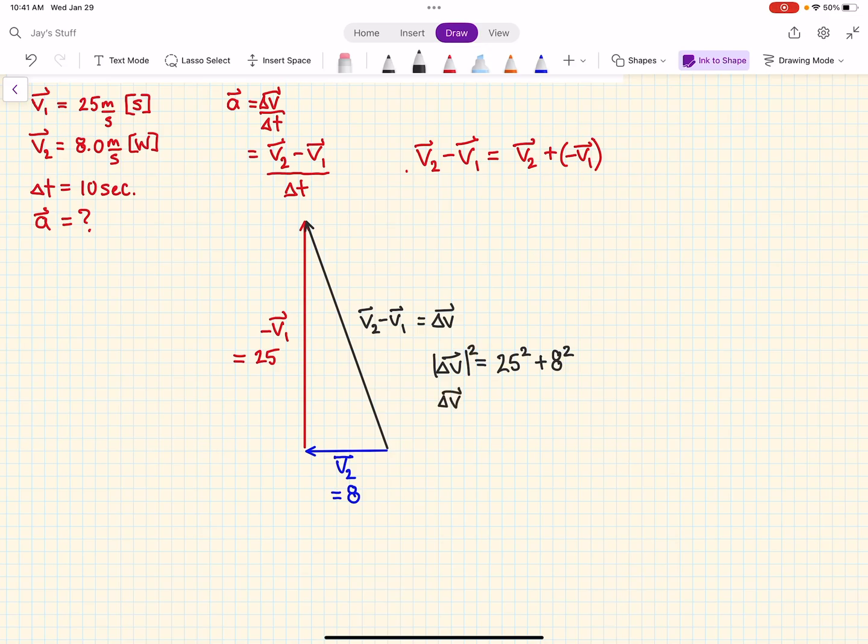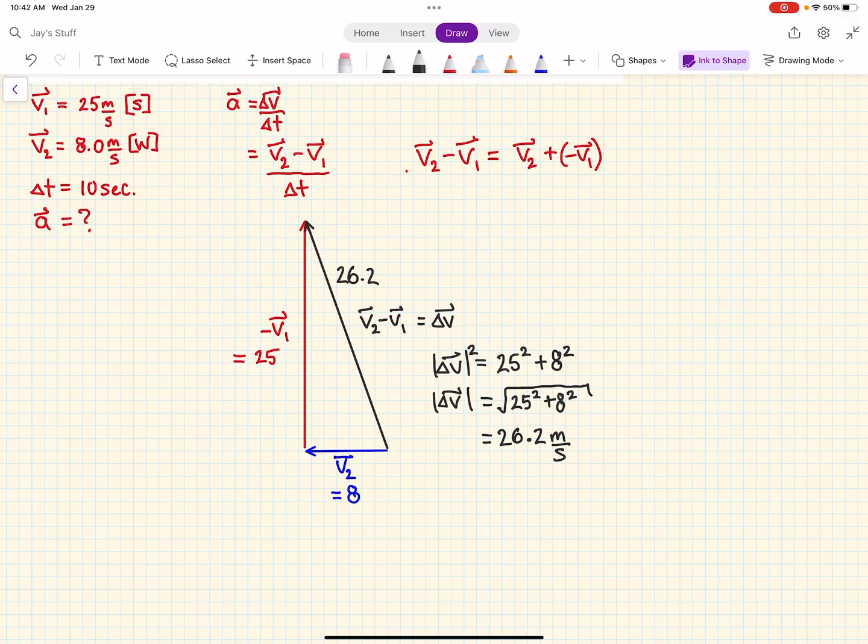So delta V magnitude, meaning just the number, we're not worried about the direction yet, is going to be the square root of all of that, 26.2. And the units would be meters per second because it is a velocity quantity. Okay, so now we know that this whole side has a magnitude of 26.2.